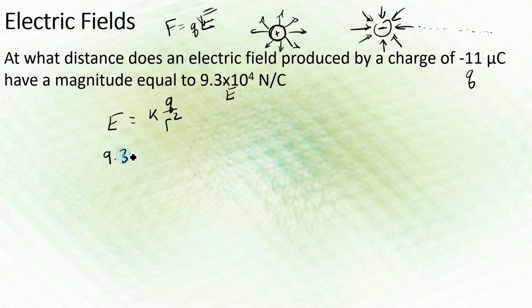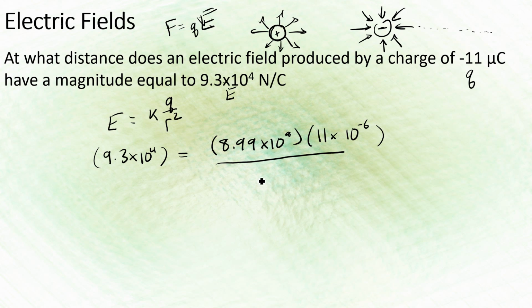So we have 9.3 times 10 to the 4th equals k, 8.99 times 10 to the 9th, Q, I'm going to ignore the negative, not really concerned with that right now, over r squared. It essentially doesn't matter for this. I'm not going to have a negative distance. So we'll multiply that out right there.